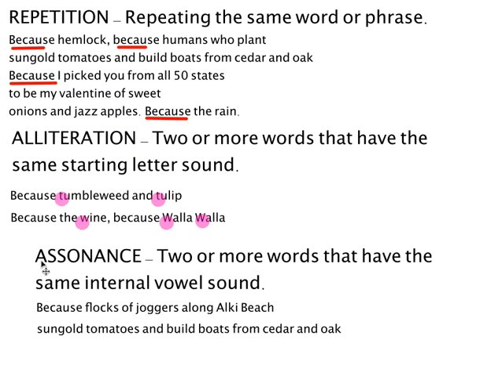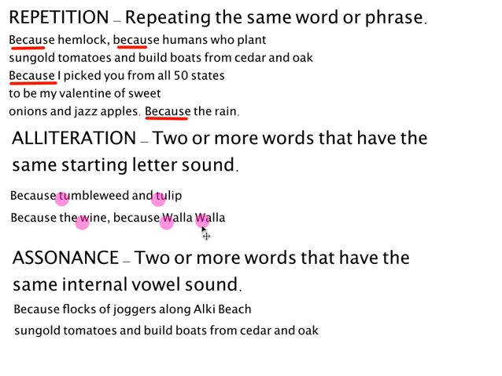Assonance is similar to alliteration. It's when 2 or more words have the same internal vowel sound, but it's a lot harder to hear and see. So we see this in Susan Rich's poem, but not quite as often. Because flocks of joggers along Alki Beach, the ah sound, okay, we see in flocks and joggers, right?